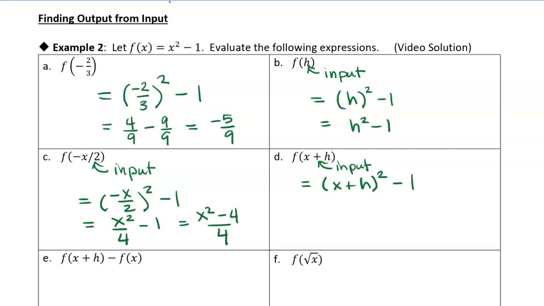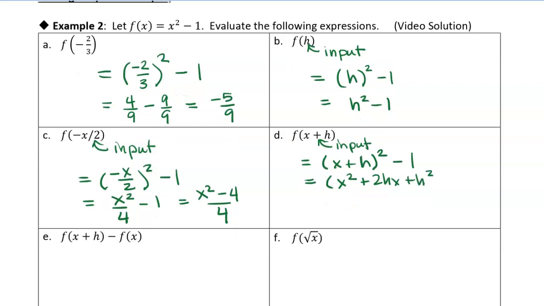All right, let's simplify that. I need to square this out, right? So I'm going to square the first term. The middle term becomes first times last times 2, so 2hx, and then plus h squared. I'm having a little difficulty with my computer, so hopefully I can finish out this video.